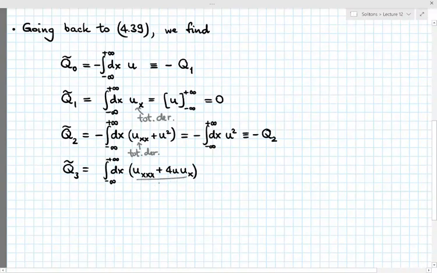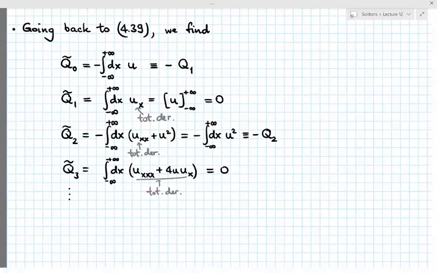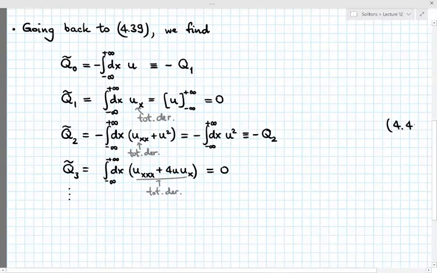But now both terms here are total derivatives, of say Uxx and 2U squared. And by the boundary conditions, the boundary term vanishes, and so we get that Q tilde 3 vanishes. And so on and so forth. In principle, we could continue to higher and higher order in epsilon to find more and more conserved charges. Equation 4.44.